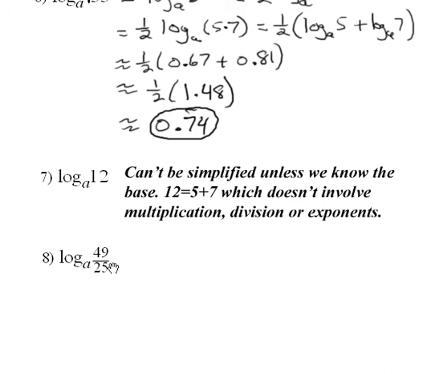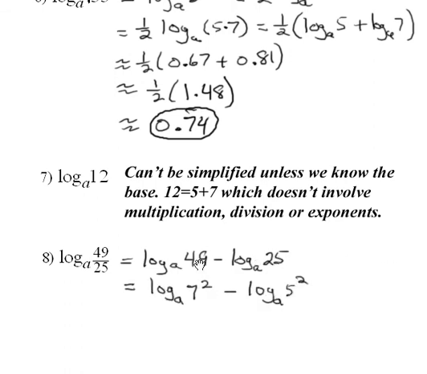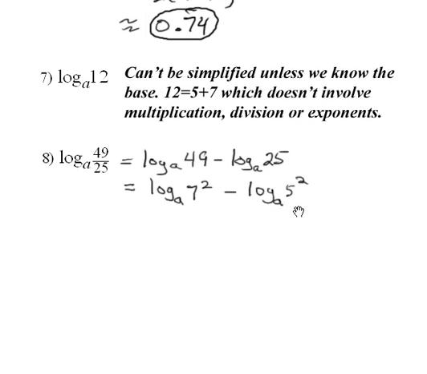All right, the log of 49/25. Again, logs turn division into subtraction. So that's the same as the log of the numerator minus the log of the denominator. 49, we were not given that. 25, we were not given that, but we were given 7 and 5. And hopefully you can see that 49 is 7 squared. 25 is 5 squared.